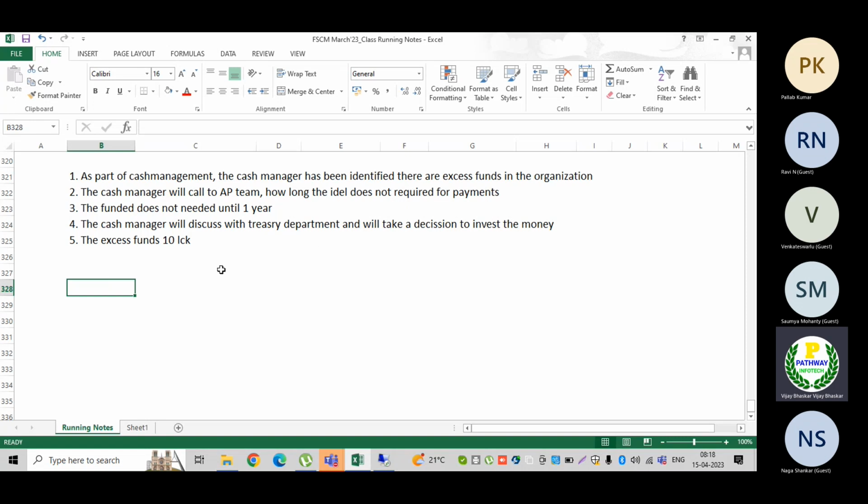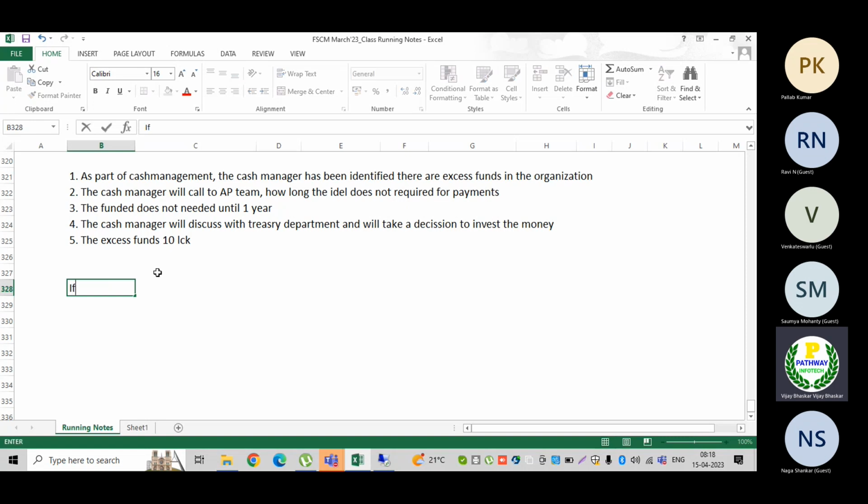If they invest in fixed term deposits or money market instruments, less risk will be there. The expected return will also be decent, and we can expect a fixed interest amount. That is option number one.